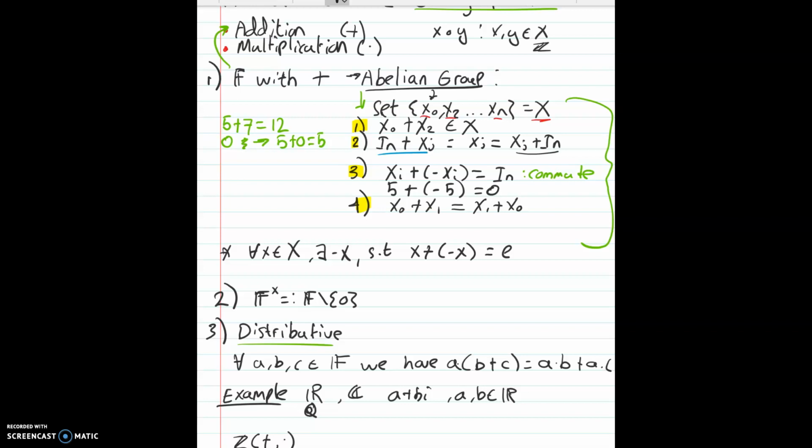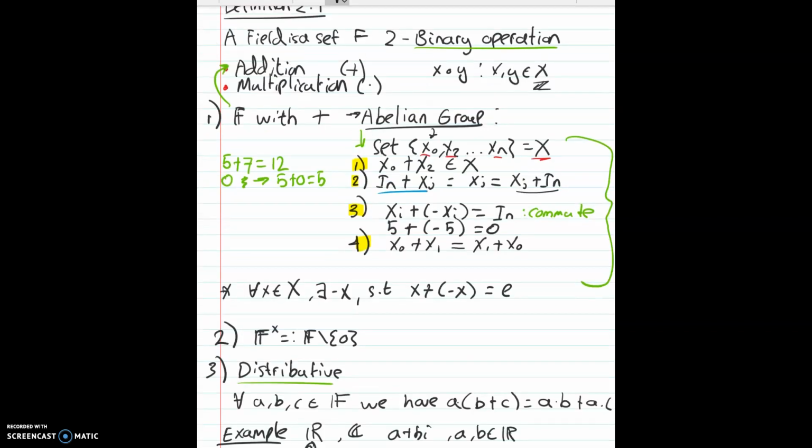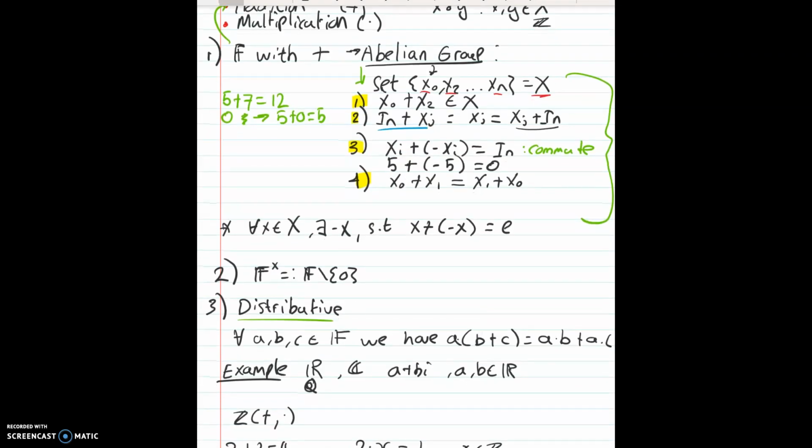Firstly, we require, when you do a binary operation, and this is just for addition now, between two elements of the set, that this has to also be a member of the set. Secondly, there should exist an identity element, such that when you add that identity element to another element, you get back the original element unchanged.